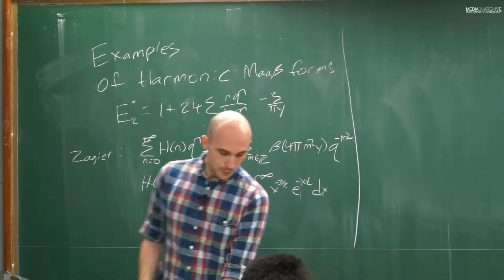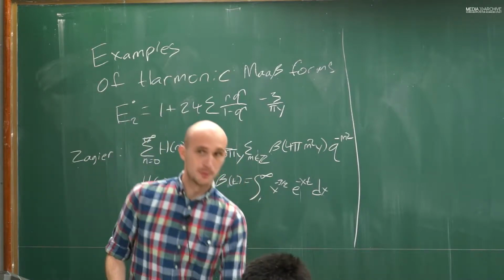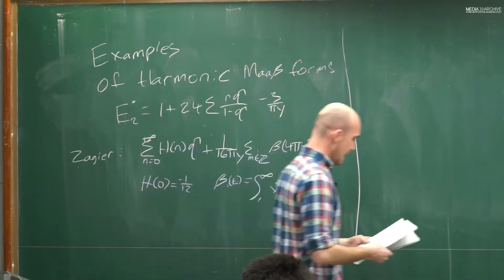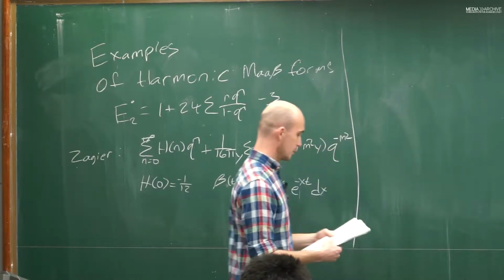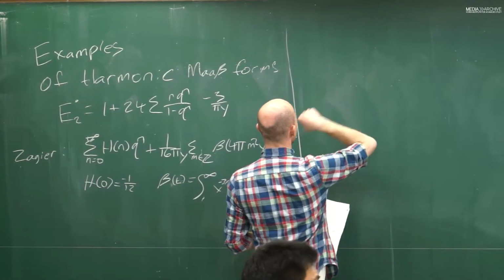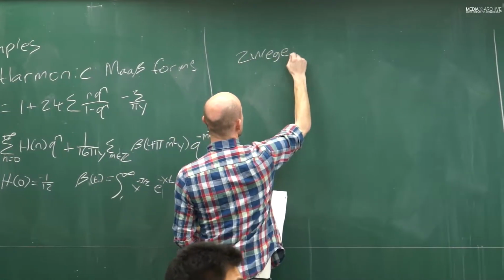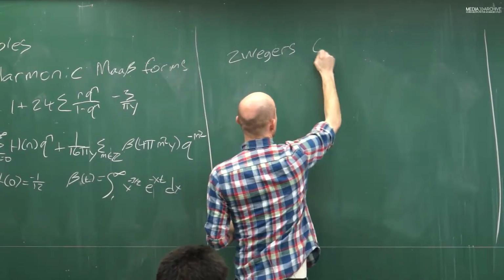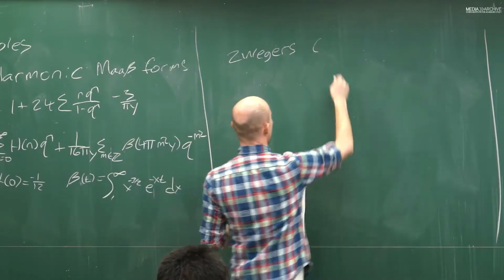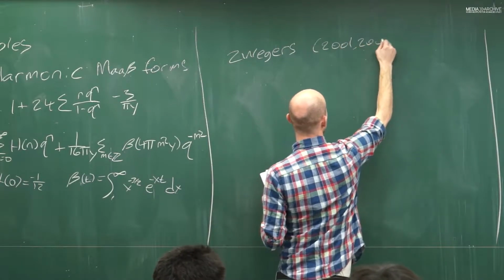Other than that, there really weren't very many concrete examples of harmonic Maass forms that we could actually hand to you, or that we knew were harmonic Maass forms, until Zwegers. This was work in the early 2000s, with papers published in 2001 and 2002.